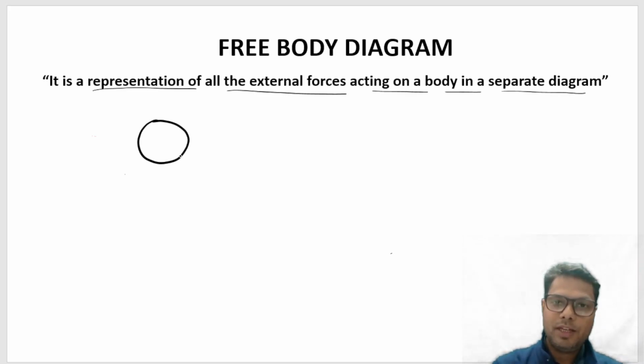The ball is freely falling, so there will be only one force, that is the weight of the body, under which the motion of this ball is going to happen. So if we show the weight of the body downwards, there is no other force. If we neglect the air drag, there is only one force, that is the weight of the body, and this diagram will be called free body diagram.